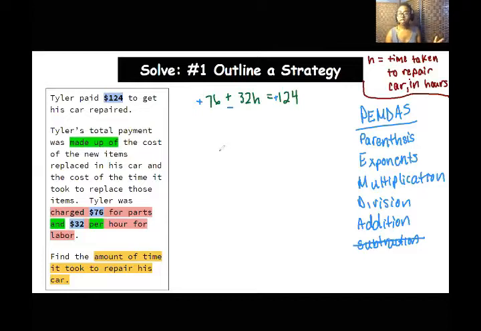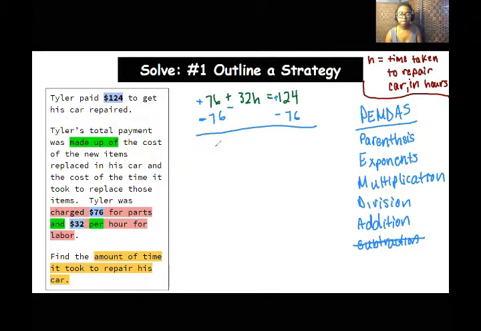So question is, how do we get it out of the room? Well, we use the opposite of addition. The opposite of addition is subtraction. We're going to subtract 76 from both sides of the equation, okay?